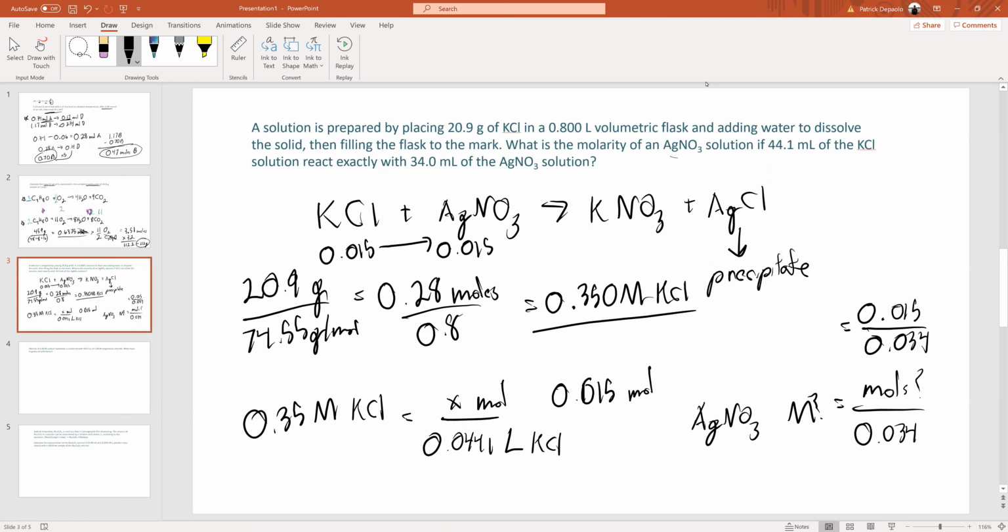So before we even solve this, it's going to be a little bit greater than 0.35. And let's do the math, and it is. The answer would be 0.454 molar. So it's always good to think about these questions conceptually to see if your answer makes sense. If your answer doesn't make sense based on what you think, you may have done something wrong.